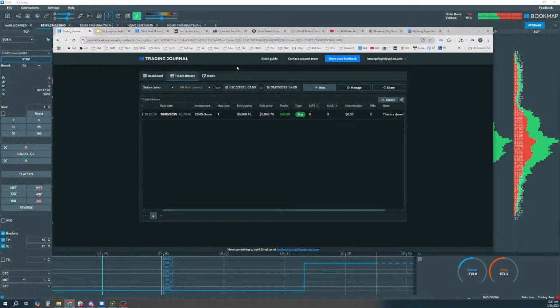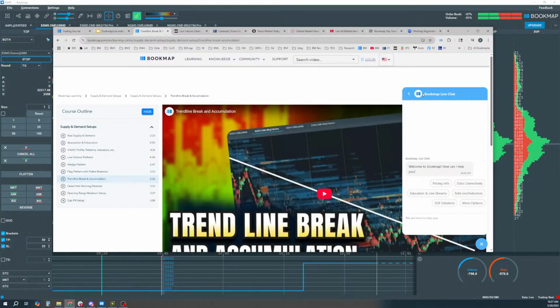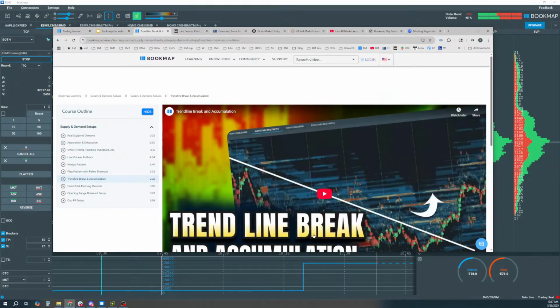Now, hold on. Okay, it's this one: the trend line break and accumulation. We're looking for it all the time in all these setups, but in this one in particular, it's really good.